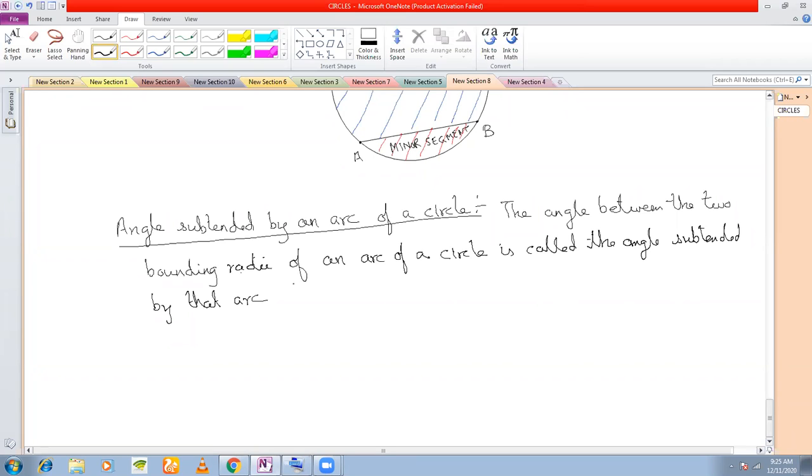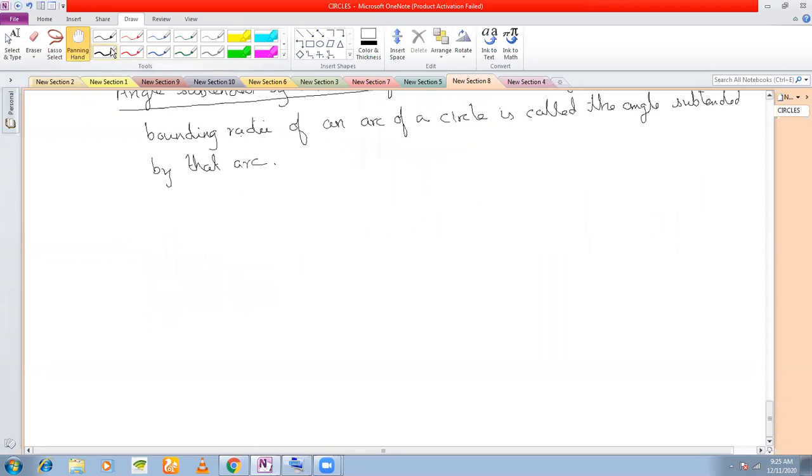Okay, so let's see what it looks like to have an angle subtended by an arc. Choose any two points, then AB forms an arc here. Let us say this is the center of a circle, let's call it O. Now I join these two, so these form your bounding radii.